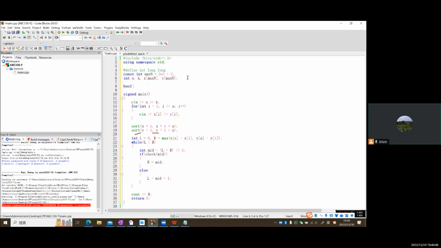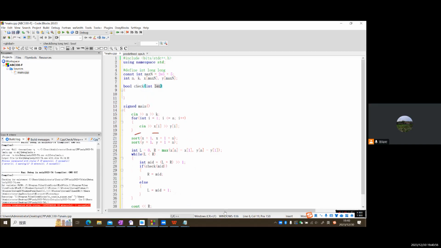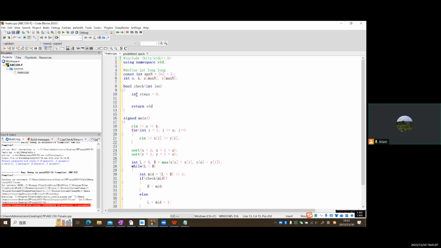Bool check length. Length is the length of the square side. Int steps is 0, and finally return steps is smaller than or equal to k.